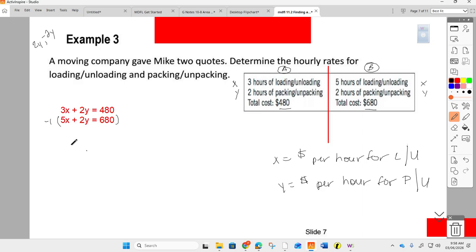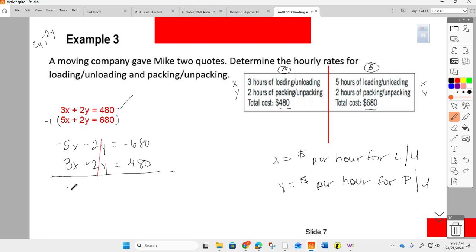So negative 5x minus 2y equals negative 680. And I'm going to bring this one down to stack it and add them together. So these eliminate as we planned.